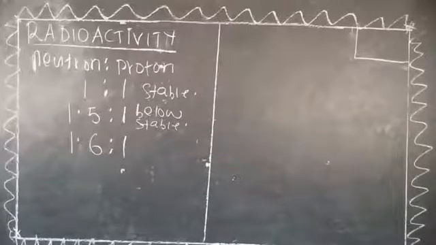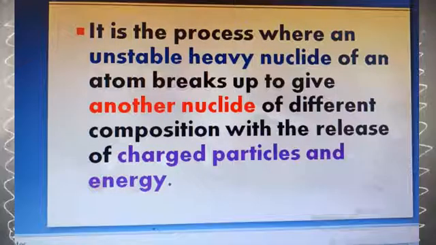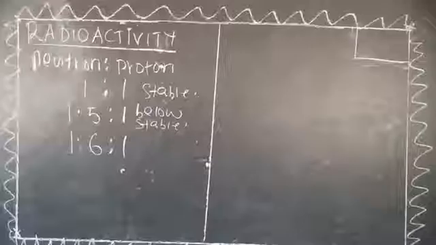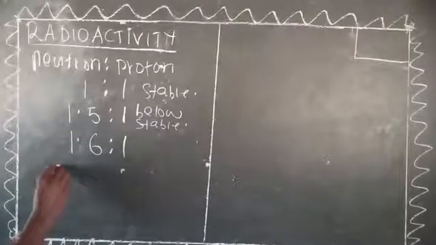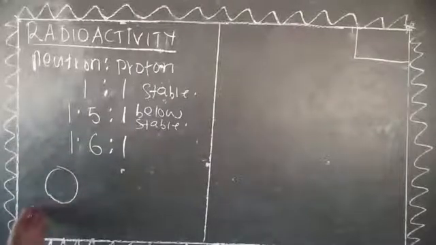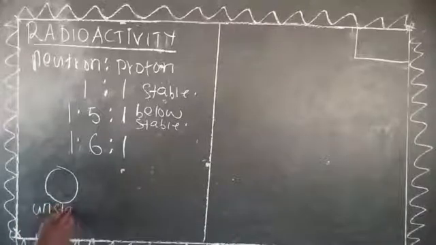So, radioactivity generally can be defined as the process where an unstable heavy nuclide breaks up to yield another nuclide of different composition with release of charged particles and energy. So, we see we can have a nuclide that is unstable.